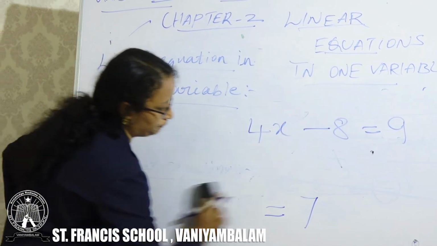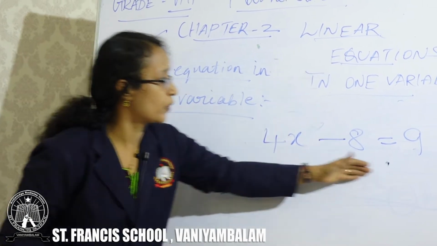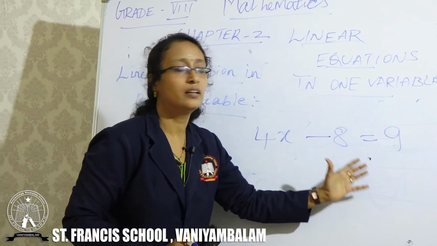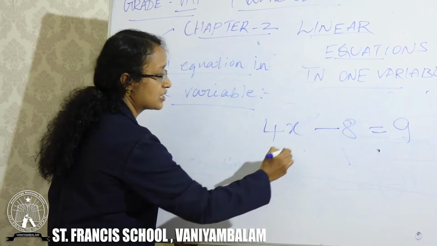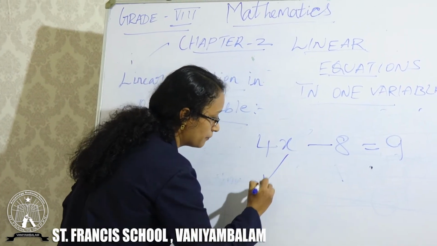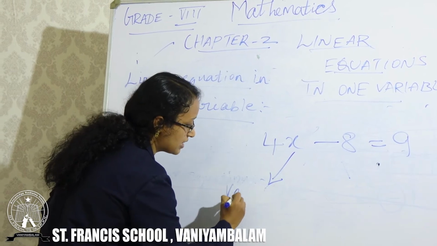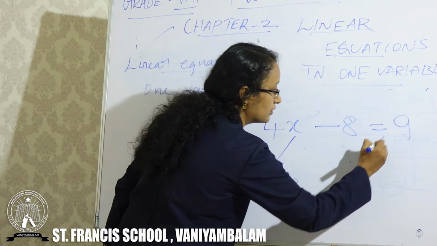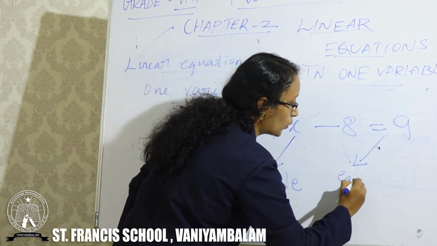Okay. Let us take the equation. Here I will explain what the terms are in this equation. First, can you say what this is? x. x is a variable, right? And this is the equality sign.